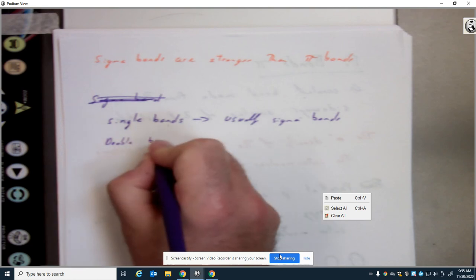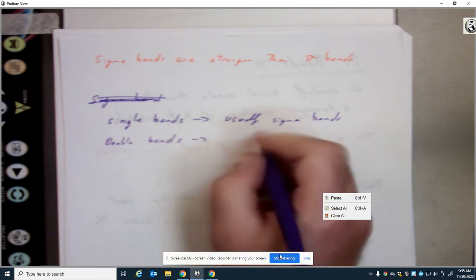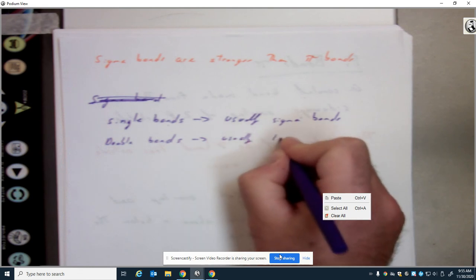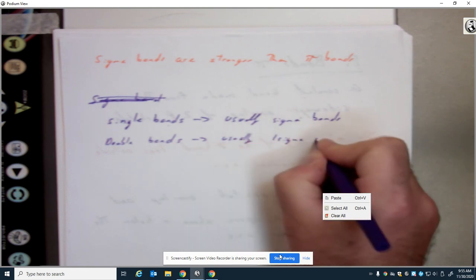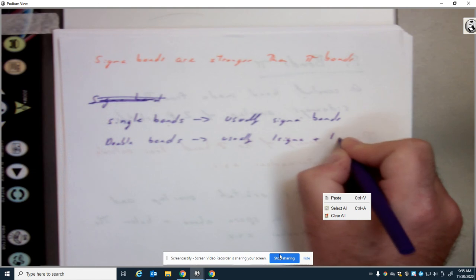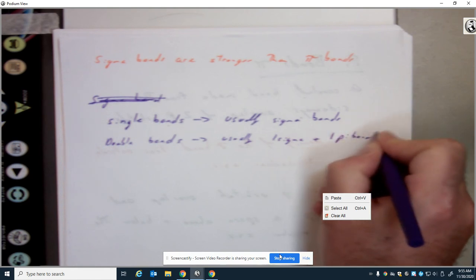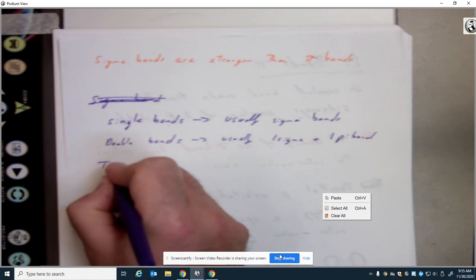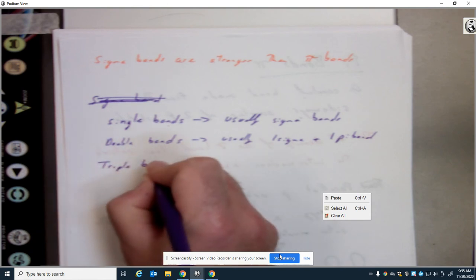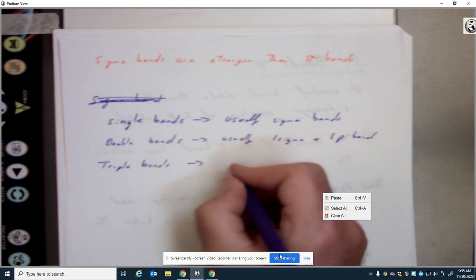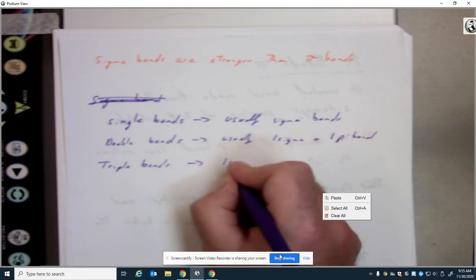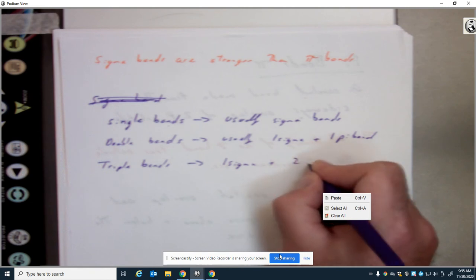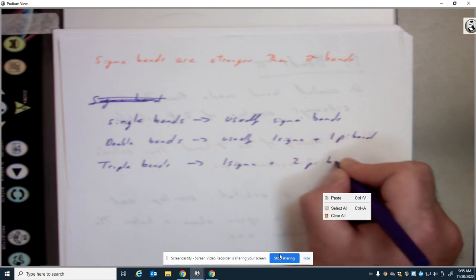Double bonds are usually 1 sigma and 1 pi bond. Triple bonds are usually 1 sigma and 2 pi bonds.